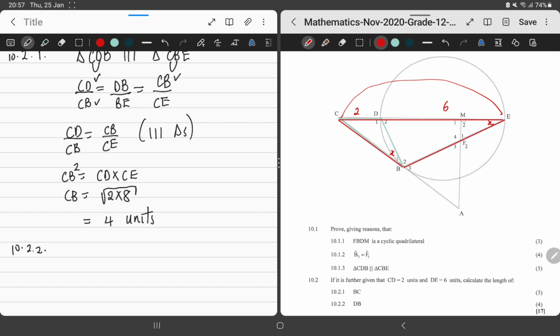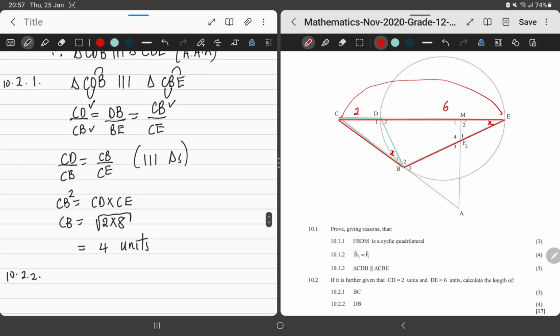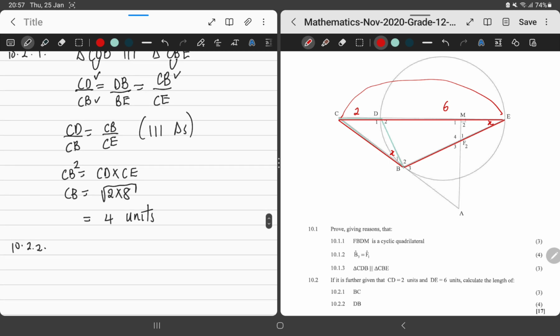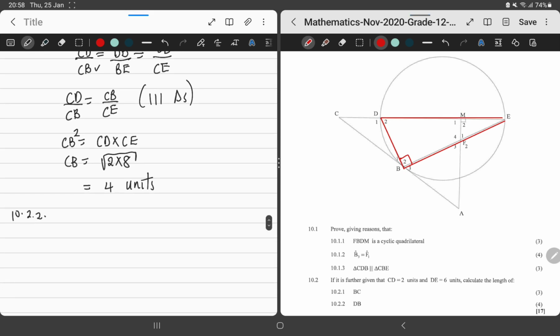10.2.2. So now they are looking for DB. So they are looking for this length. Okay, and then I have a right angled triangle right there. And then I do have DE. DE is 6. DB, that's what I'm looking for. BE, I don't have BE.